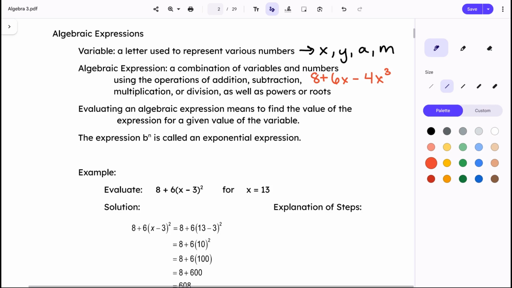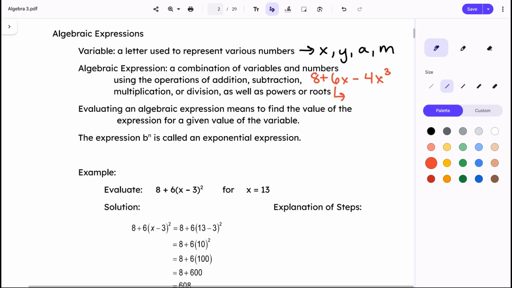Now, when I see something written like that, a lot of times I don't like it to be in that form, because I don't feel like that's the correct way to write it. We talked about something last year when we were dealing with polynomials: descending form. So you always want to start with the term that has the biggest exponent, and then you work your way down the line. If you ever saw something like this, I would first suggest that you rewrite it so that you put it in order.